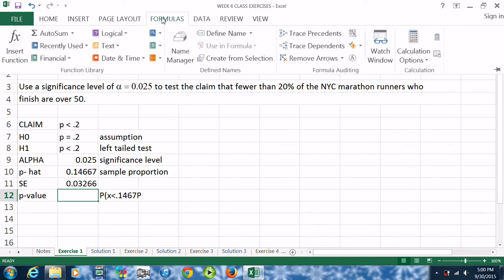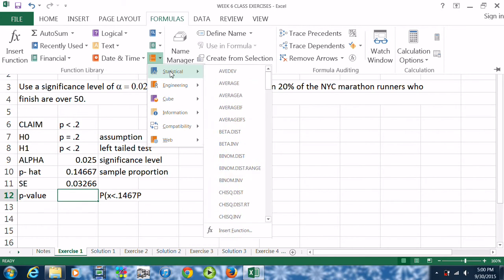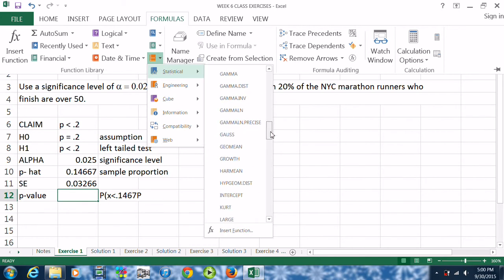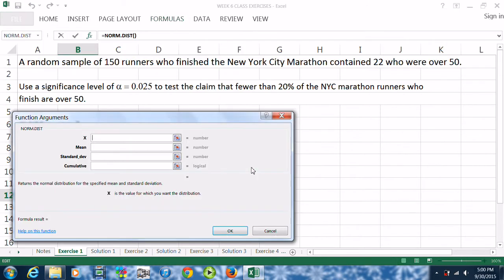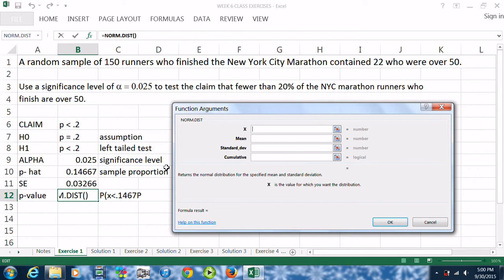So we'll go to Formulas, Statistical, and find our norm dist. So we want the probability of being in that tail. We're working with a normal distribution. So the norm dist, where x is our p-hat, the mean is our assumed middle of this normal distribution.